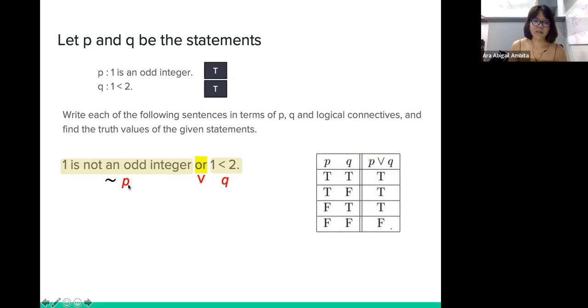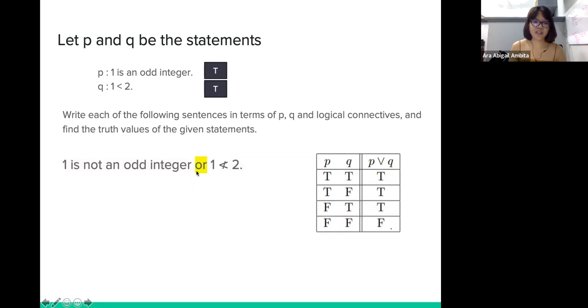So we have not P or Q. The not P is just the negation of P. P is true, so not P will be false, and Q is just true. So at least one of these two is true, meaning our disjunction is also true. This is false, this is true, so we have T. Now we will have another statement.